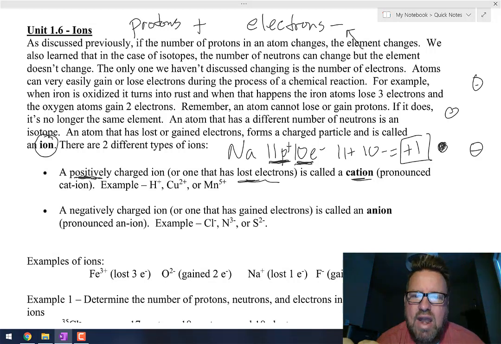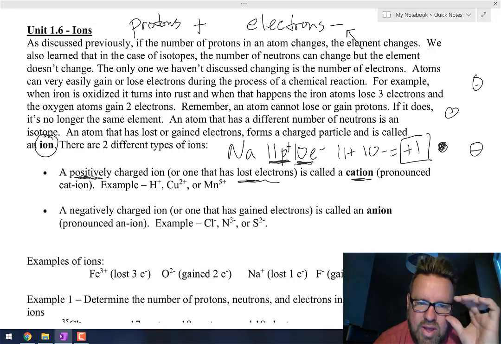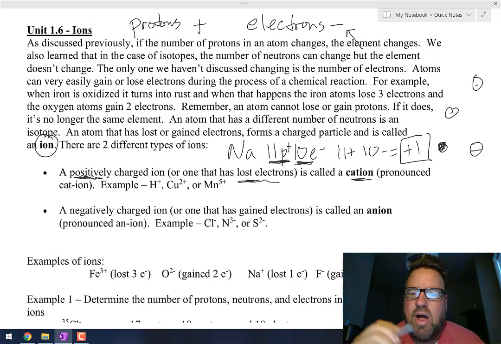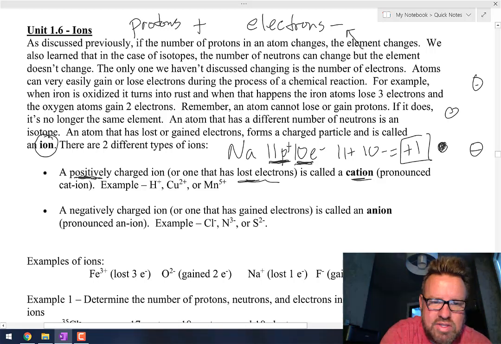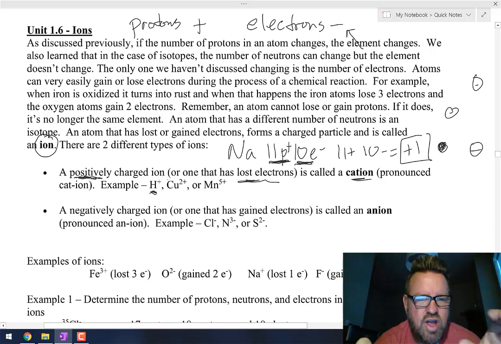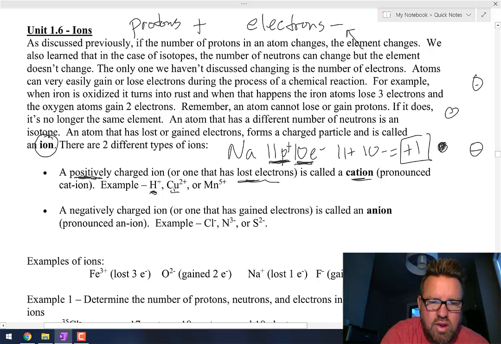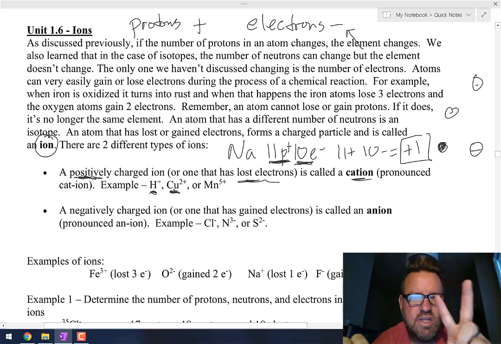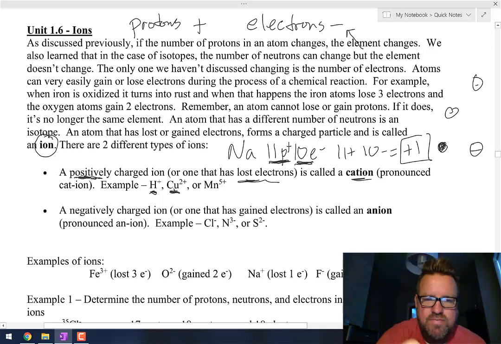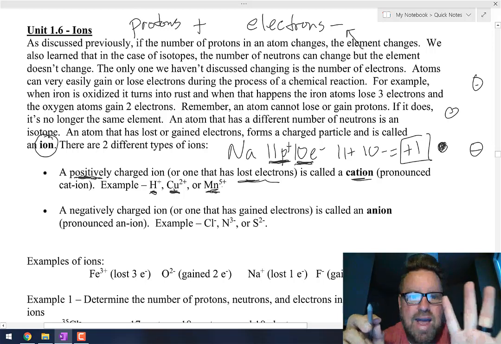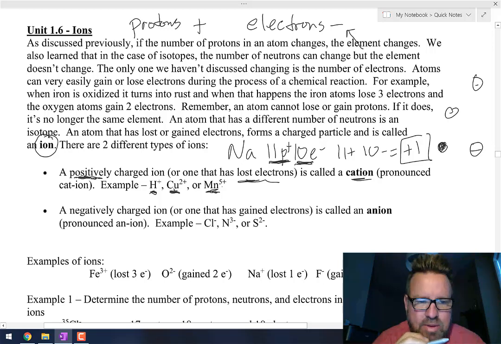And so a cation, like a cathode on a battery, is a positively charged ion. So for example, this hydrogen ion here is really just a hydrogen atom that lost one electron. Here, copper has lost 2 electrons, and here manganese has lost 5 electrons, which yes, can happen.